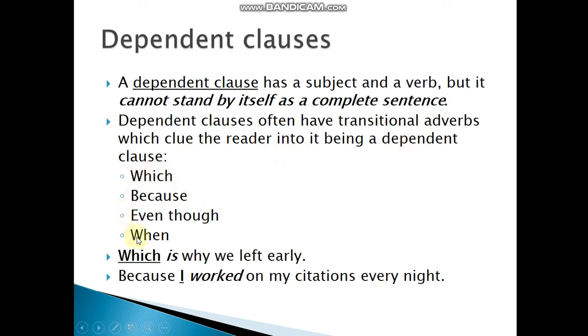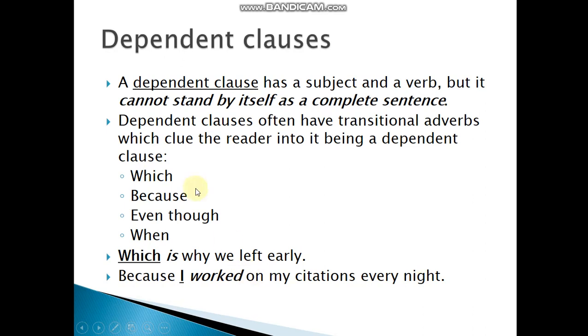What are those clues? We have which, because, even though, and when. Which is why we left early. So which is the clue. Because I worked on the citations every night. Because is the clue. Now, because I worked on the citations every night, this is a dependent clause.